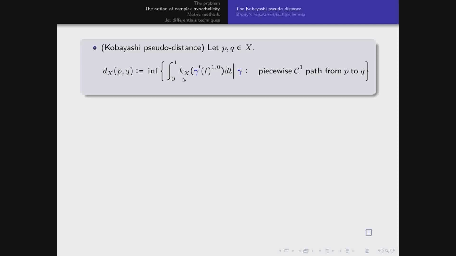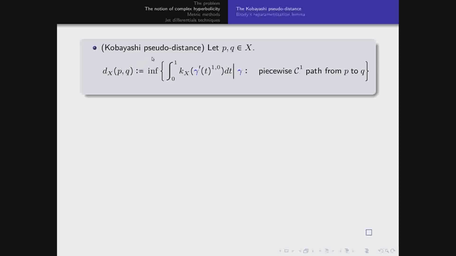So as I said, this quantity will be small if there are large disks directed by gamma prime of t. So if along some path leading from p to q there are large disks tangent to the vectors along gamma, then this distance will have a tendency to be small.